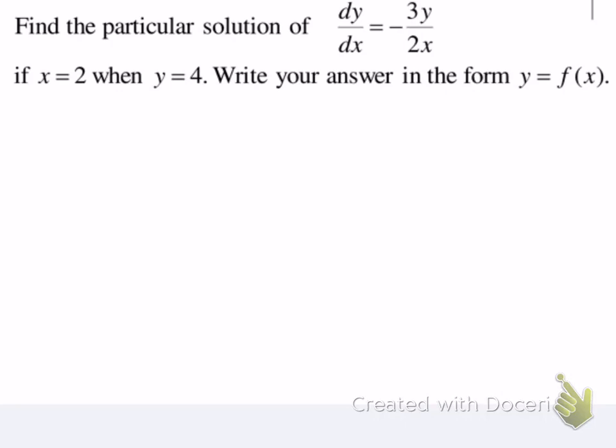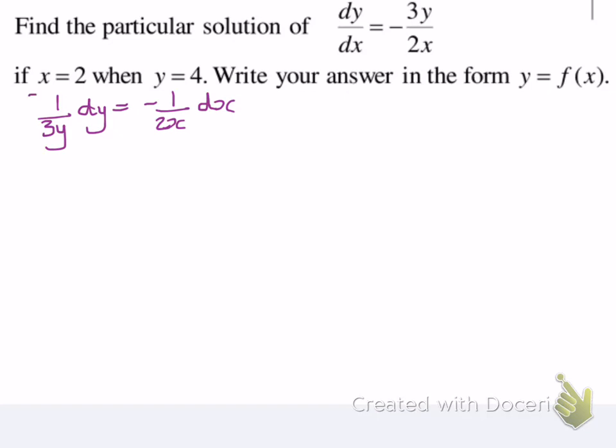And again, we want to write our answer in the form y equals some function in x. So taking our question, I'm going to rearrange it. So what I will have is 1 over 3y dy equal to minus 1 over 2x dx.